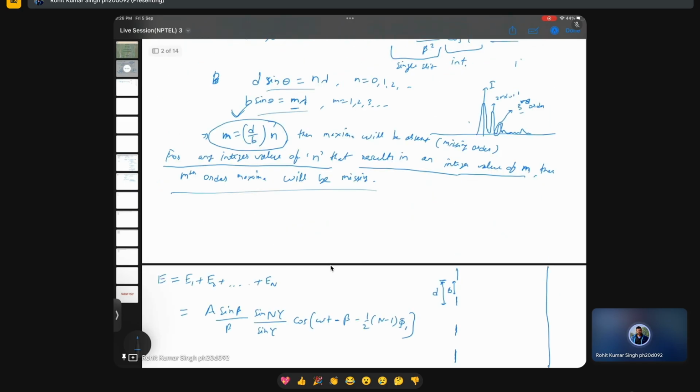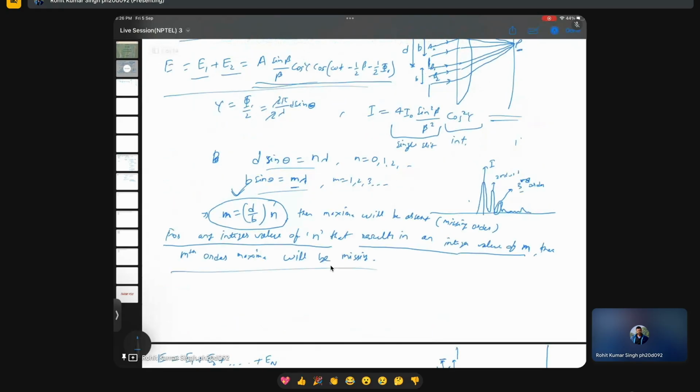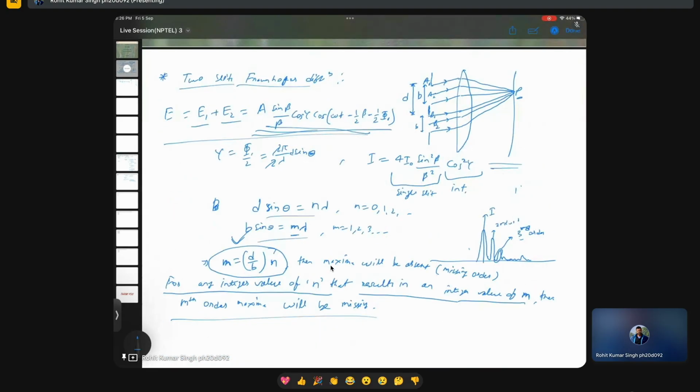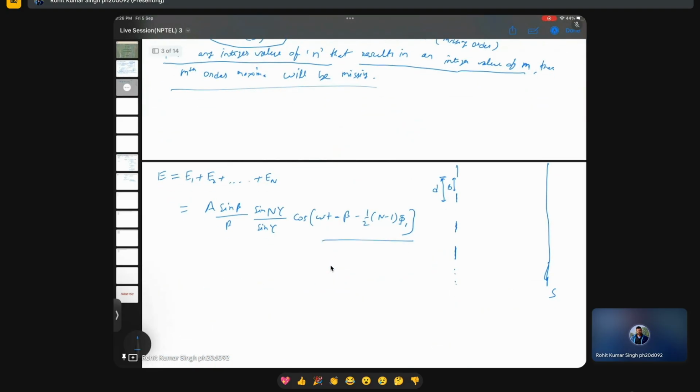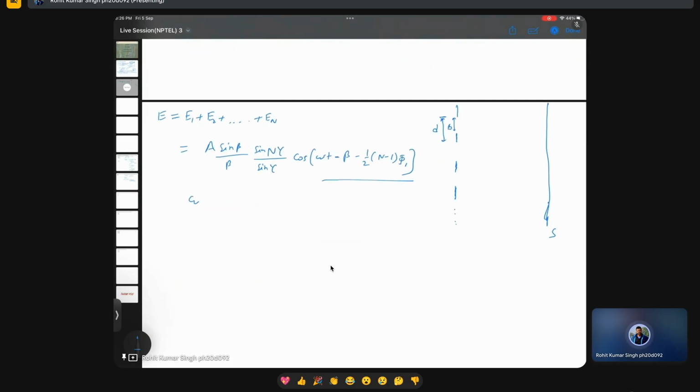Now you see these two formulas, we had this and now we have this. Instead of cos gamma we have sin n gamma by sin gamma, right?